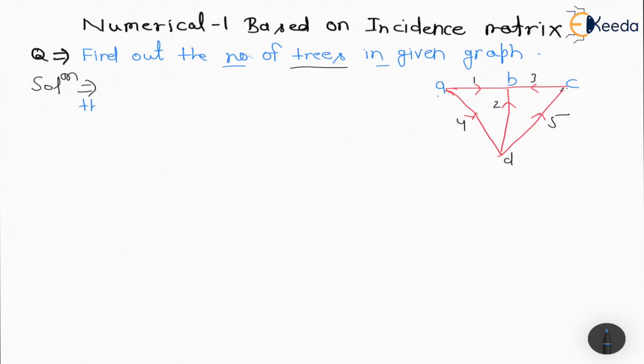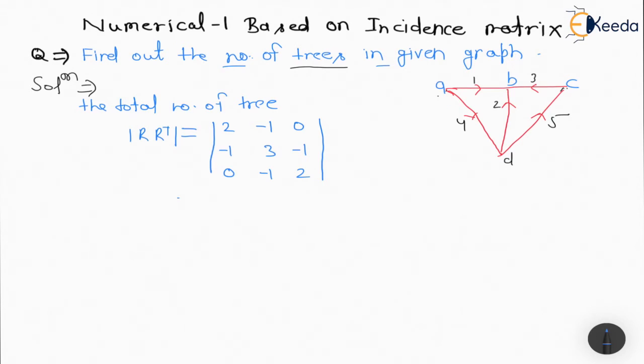The total number of trees will be equal to the determinant of 2, minus 1, 0; minus 1, 3, minus 1; 0, minus 1, 2.